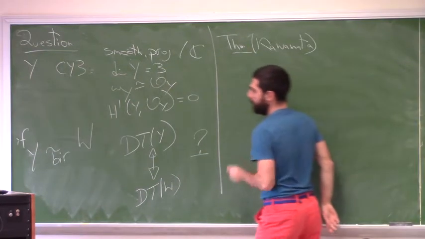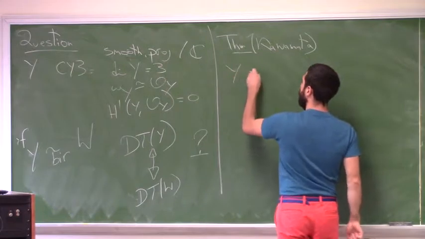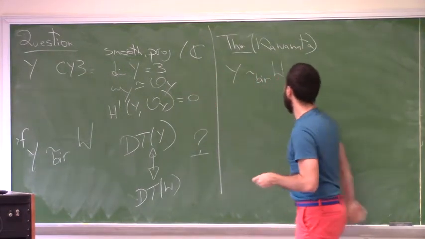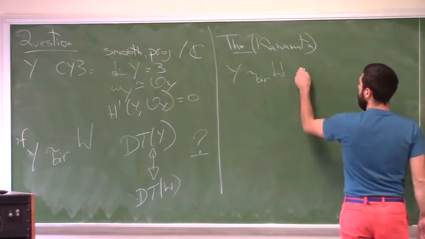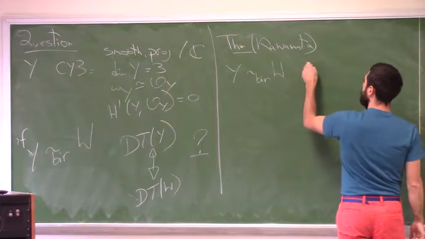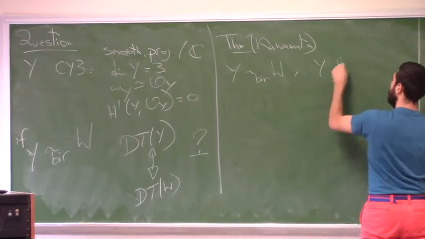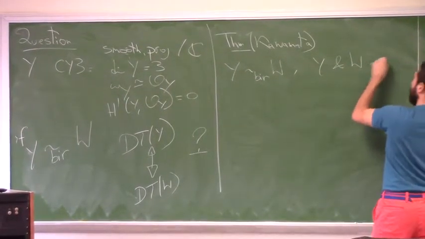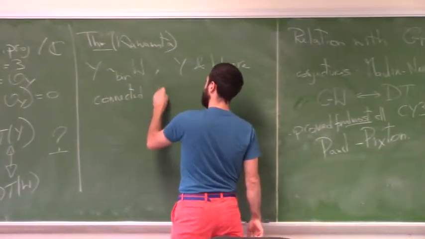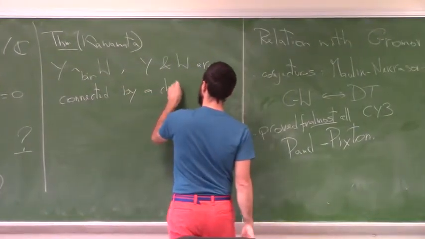But anyway, the point is that Y and W are birational, they're both Calabi-Yau threefolds. So if you give me a birational equivalence between Y and W, I have that Y and W are connected by a chain of flops.